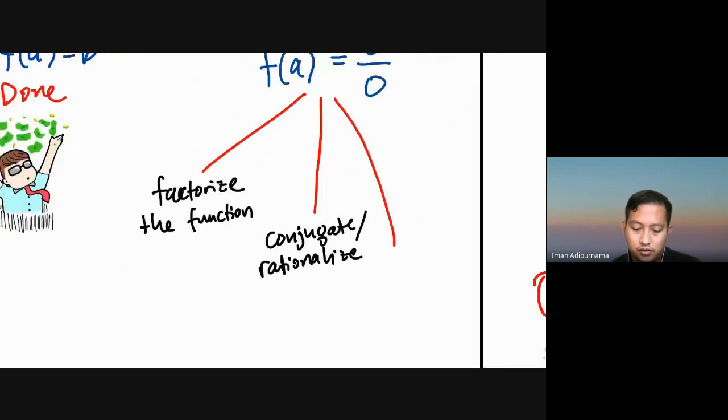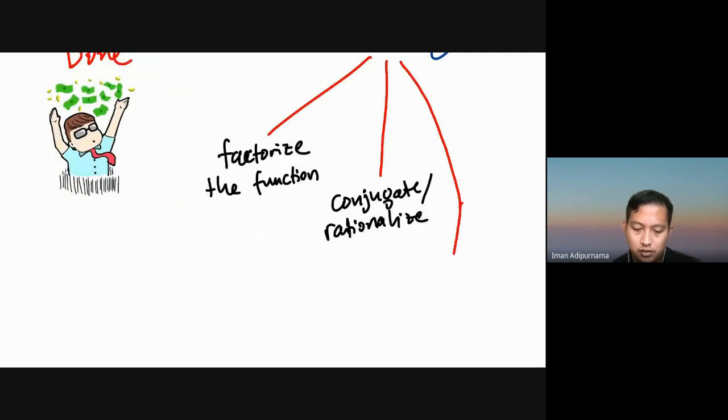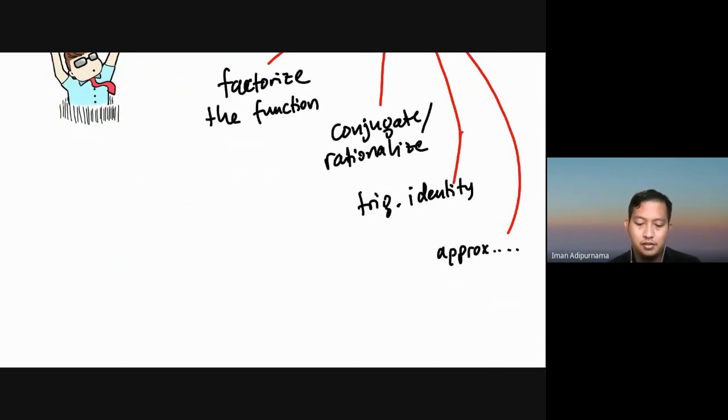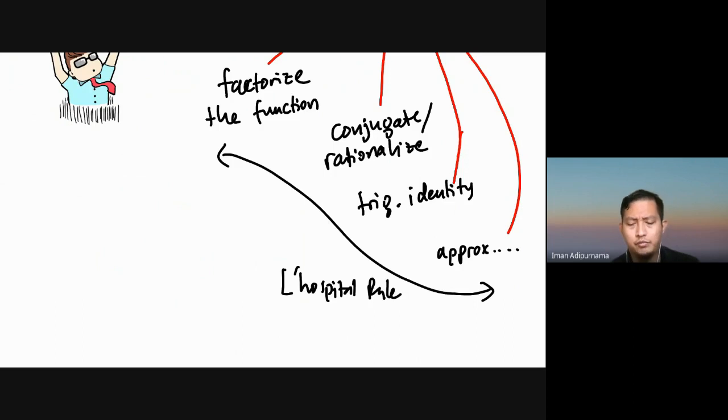The third one is, if there is any trigonometry, you can try to look for the identity, and maybe you can simplify the function and have the results. And the last part is maybe just use approximation. So this is all that you can do aside from L'Hopital's rule. Actually, we will learn L'Hopital's rule maybe after several chapters.